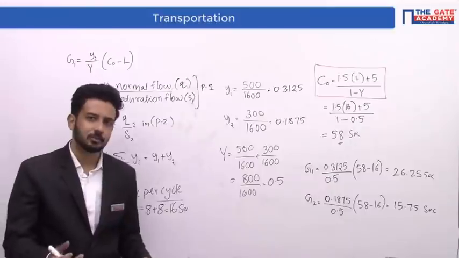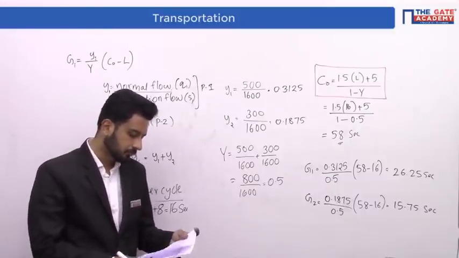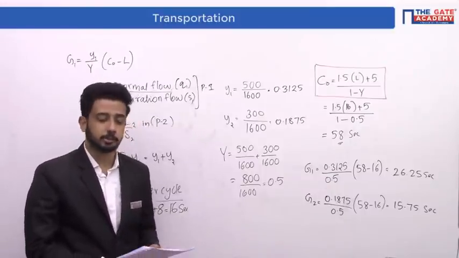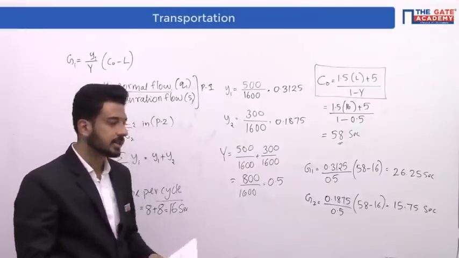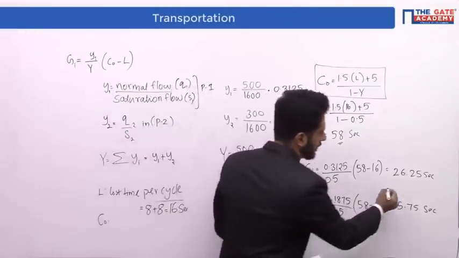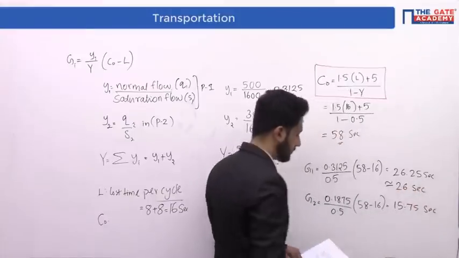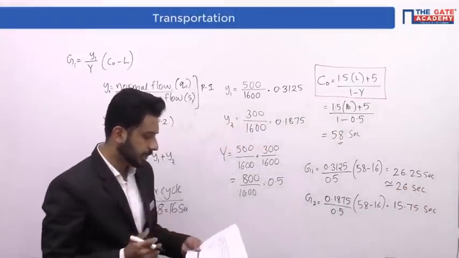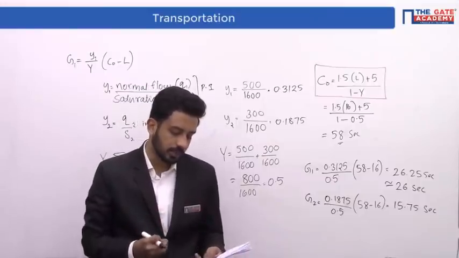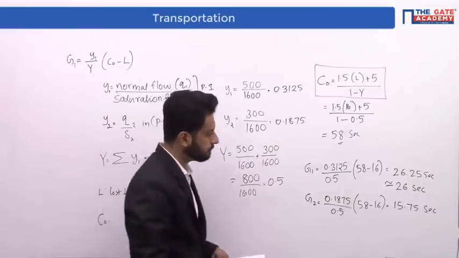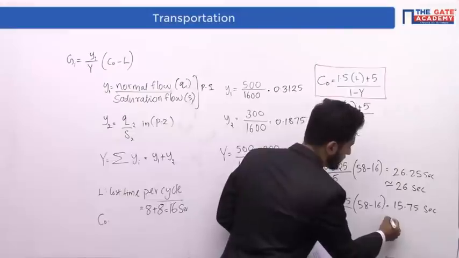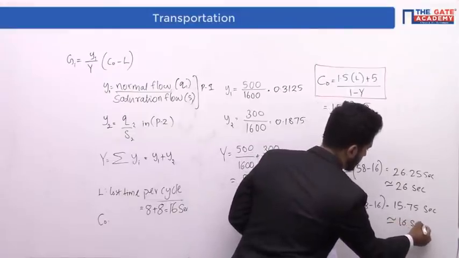Okay, so check the options. From the options, which can be the correct answer? As per the options, they have given 26 and 36 for the first one, so I can approximate it as 26 seconds. And for the second part, they have given 21 and 16, correct? So I can approximate it as 16 seconds.